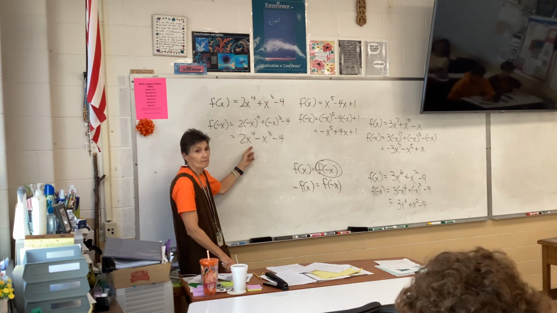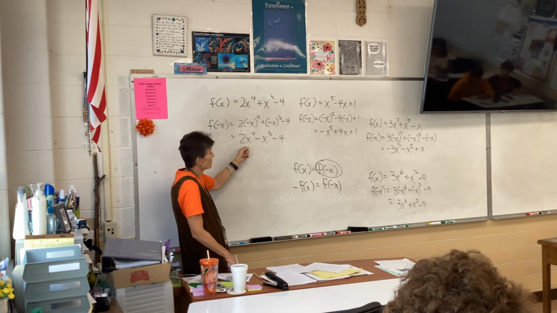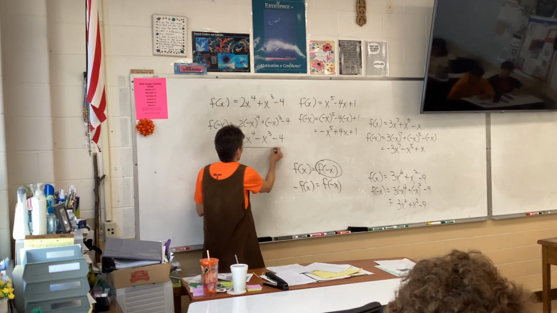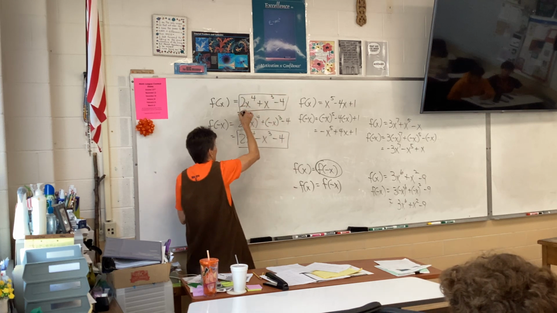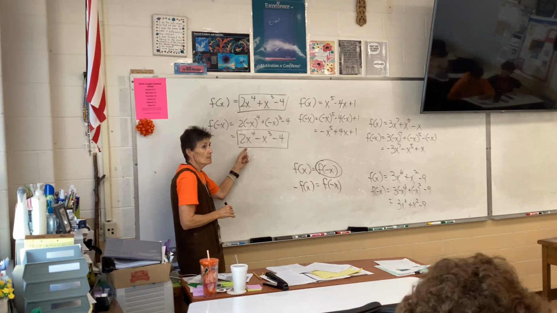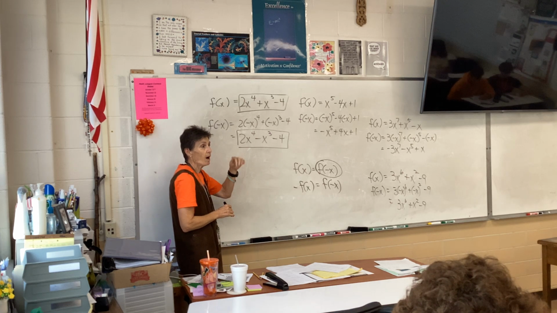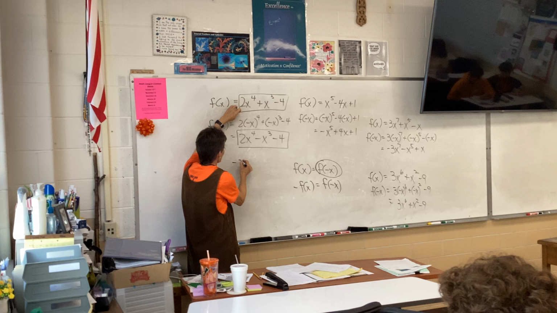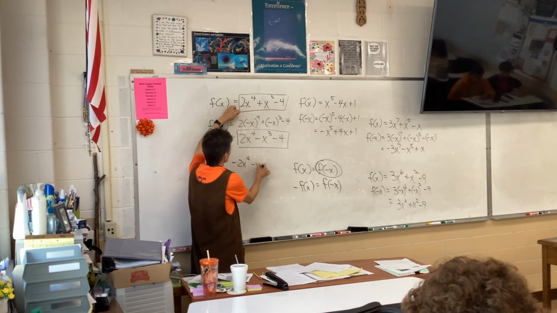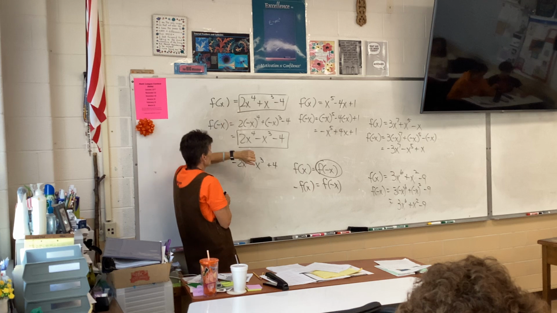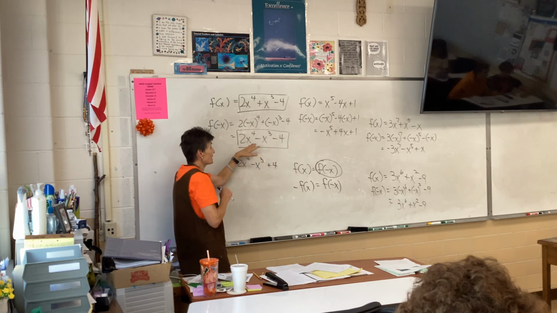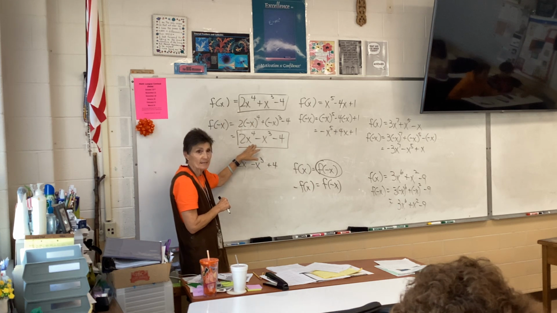That's what I got. Because when I put in negative x, this is what I got, and this is what I was supposed to get. I got neither here. Because if it were odd, I should have gotten the exact opposite, and I didn't. If it were even, I should have gotten the identical thing, and I didn't.